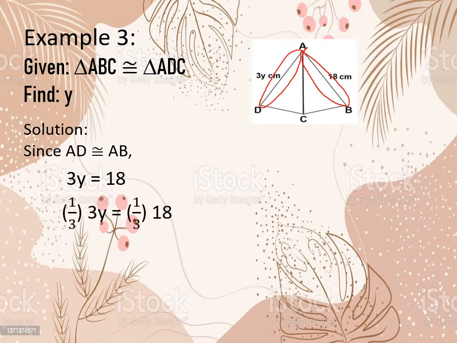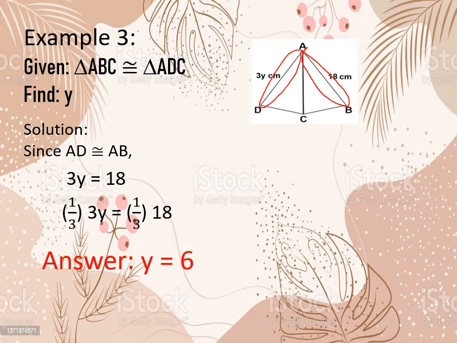Applying the multiplicative property, we multiply 1/3 to both sides. If we multiply 1/3 to 3y and 1/3 to 18, the answer would be y is equal to 6.